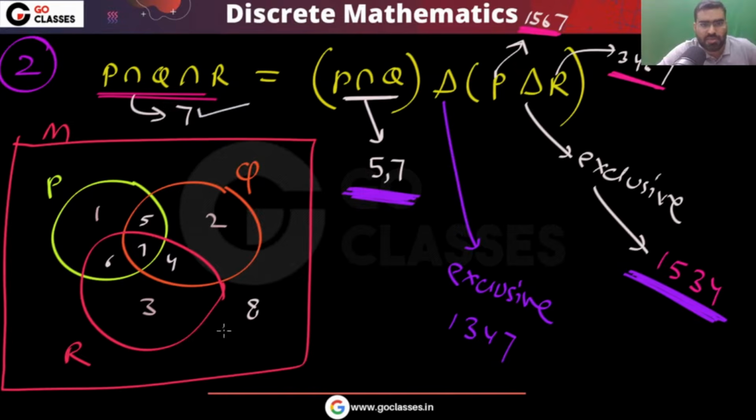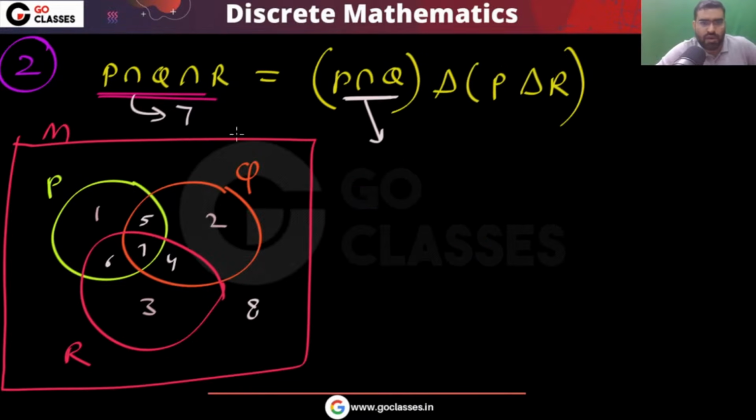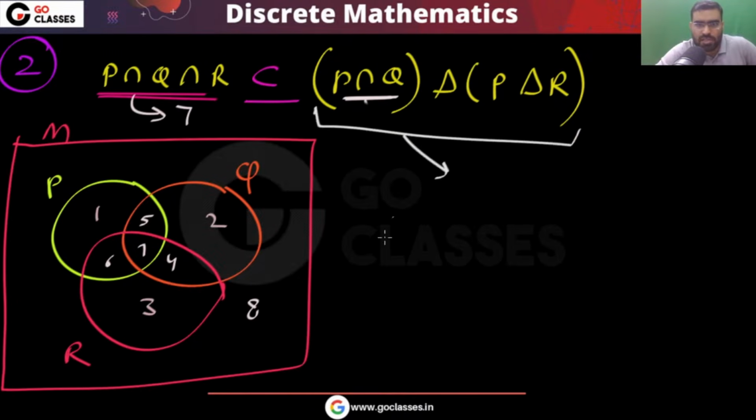And here you only have 7. So definitely they are not equal. So finally I can say that this is correct. I can say this is a subset of this. Ultimately this area will give you the area of 1, 3, 4, 7. So definitely this statement is false.